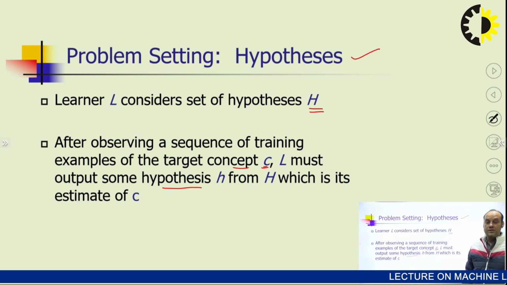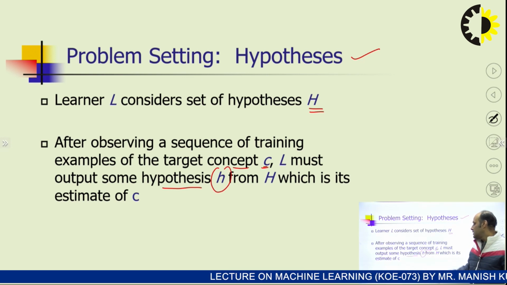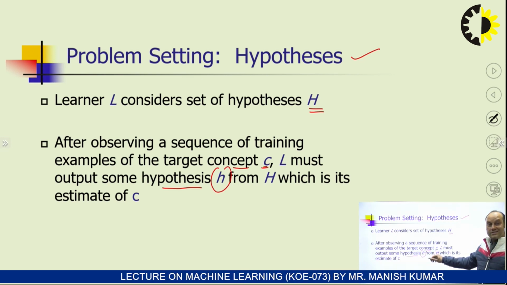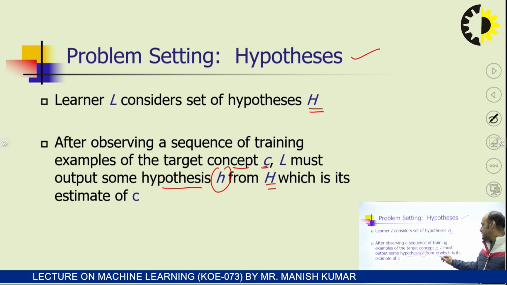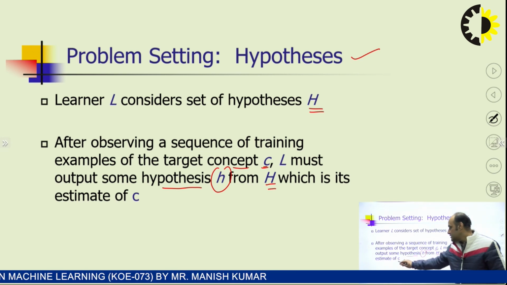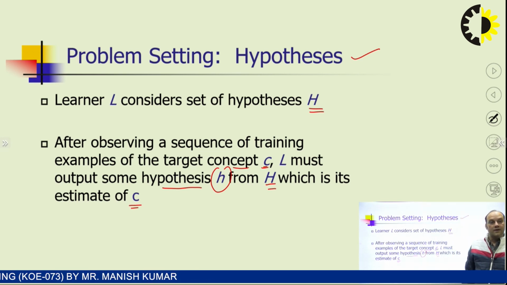The output given by the learner is defined by small h. It comes from the hypothesis space H, as its estimate of c, the target concept. So we have done the problem setting.